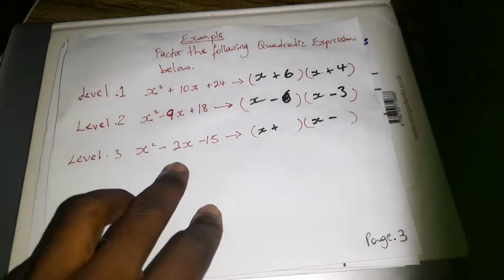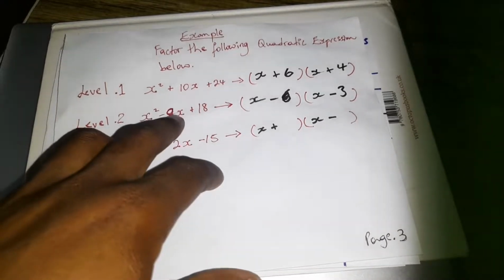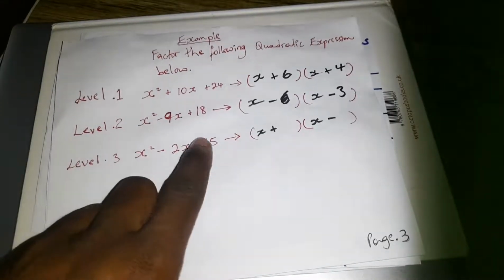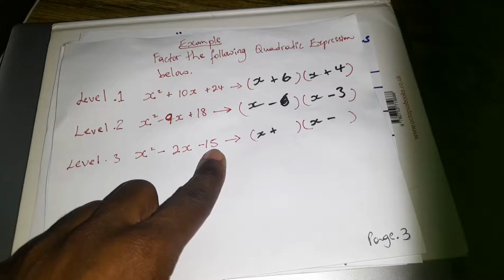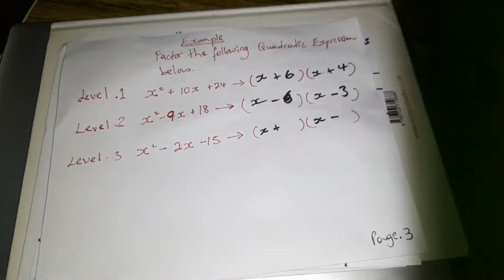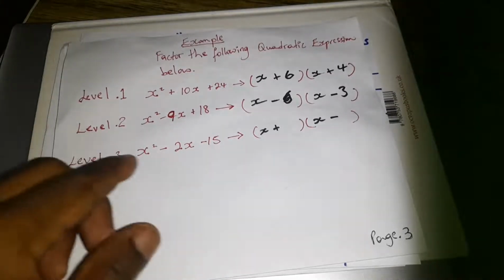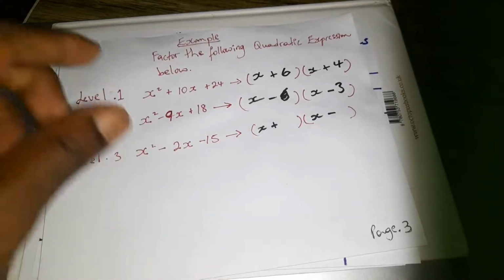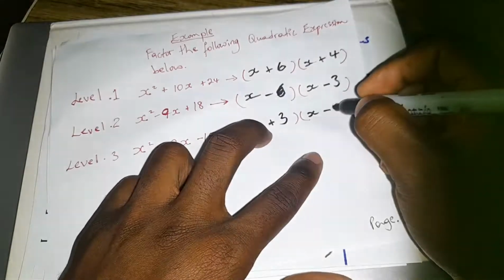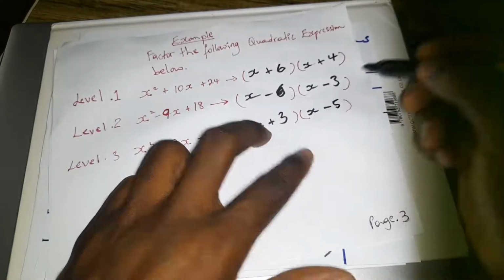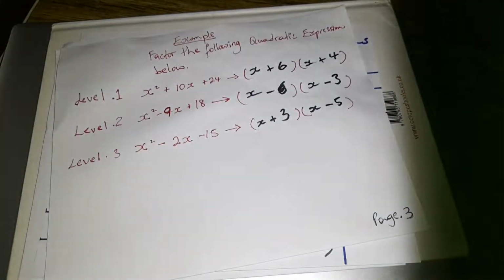Now, for C, notice for A, for level 1 and B, you add. For C, which two numbers you multiply, you get 15, but when you subtract the smaller number from the bigger number, you get 2. That would be what? 3 and 5. This is what is important now.